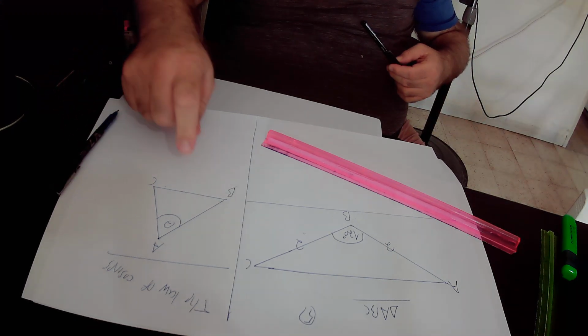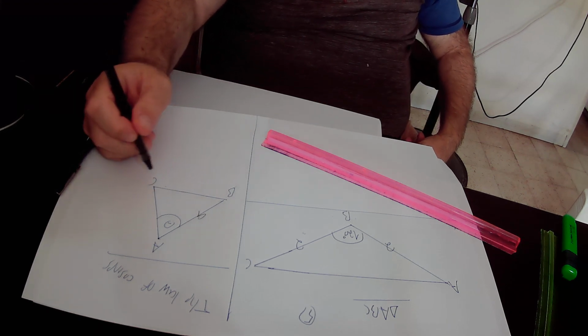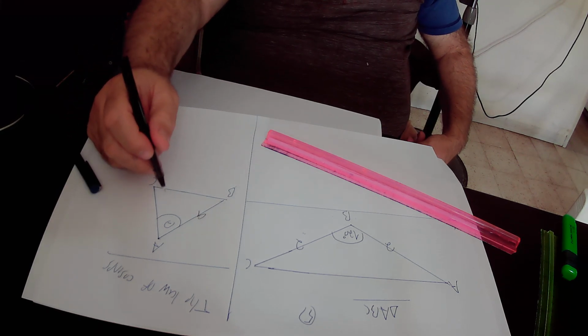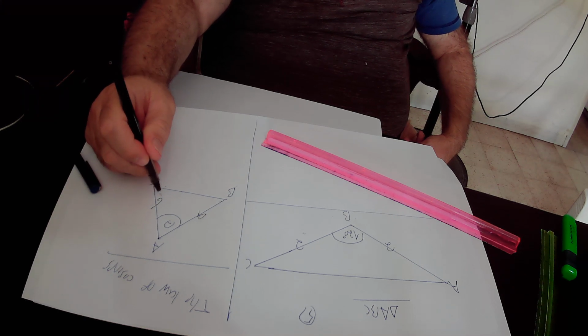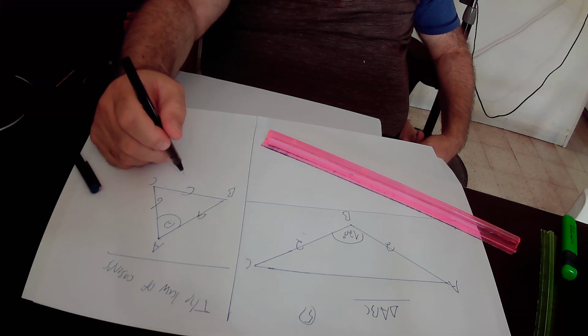The length of side AB is A, side AC equals B units in length, and finally, side BC equals C units in length.